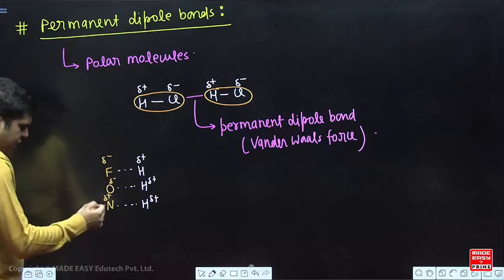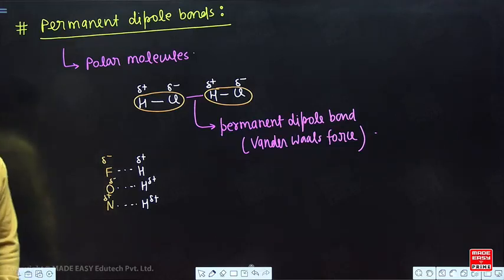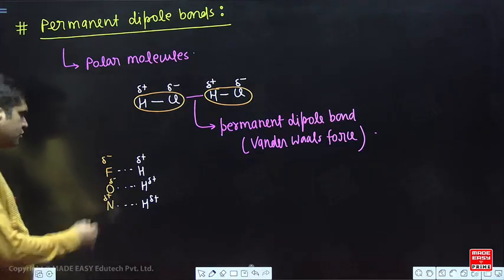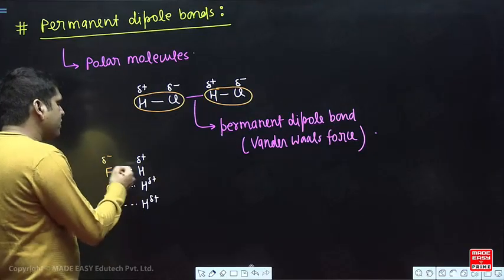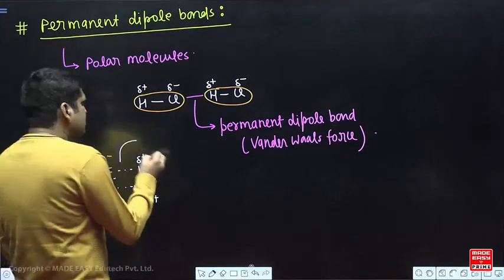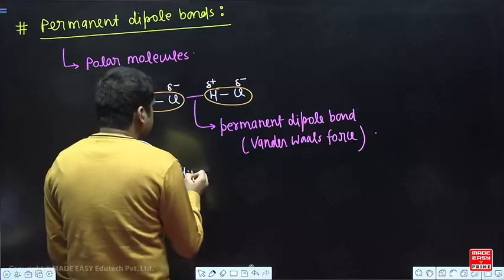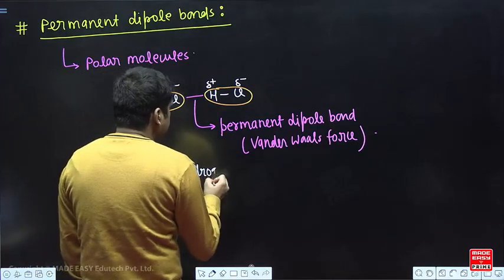Since these three elements have the highest electronegativity in the periodic table, these del minus would be very strong, and these del plus will make a strong bond. So such strong secondary bonds are known as hydrogen bond.